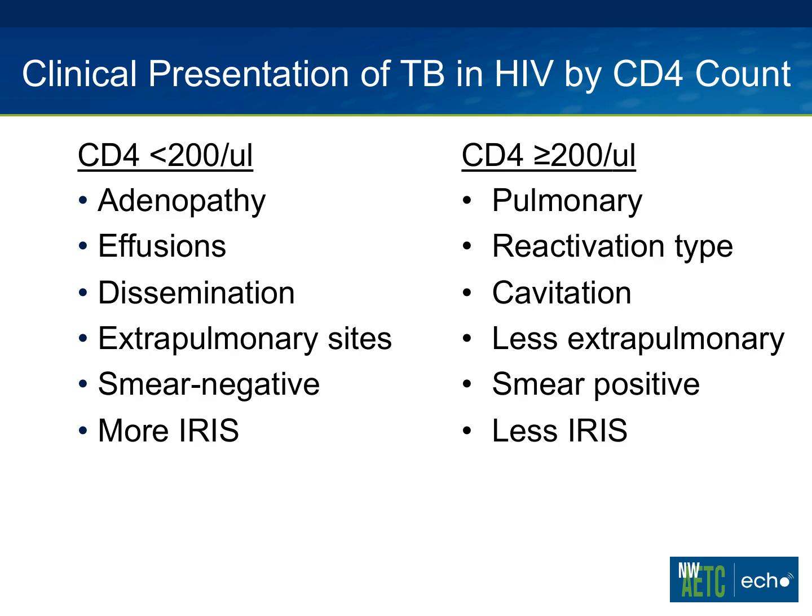Conversely, in the left-hand column, patients with severe immunosuppression indicated by CD4 counts less than 200, particularly patients with less than 50 CD4 cells per microliter, present more often with adenopathy and effusions rather than, say, lung infiltrates.